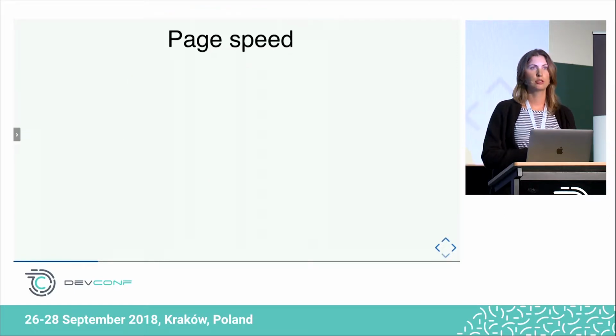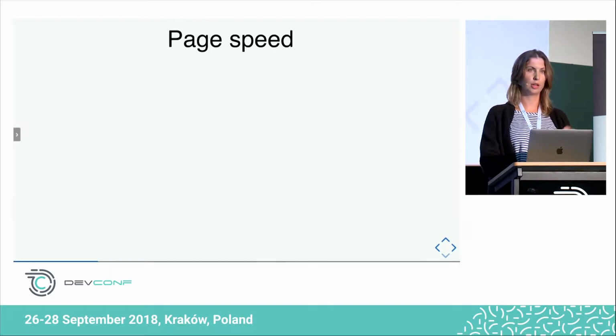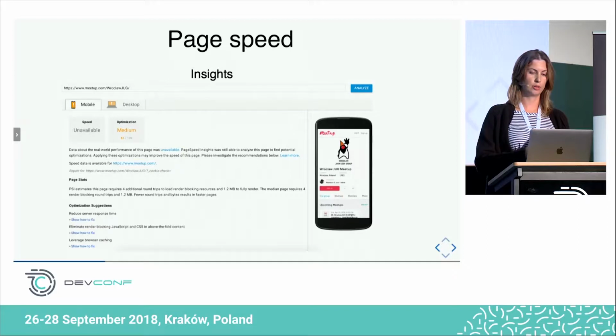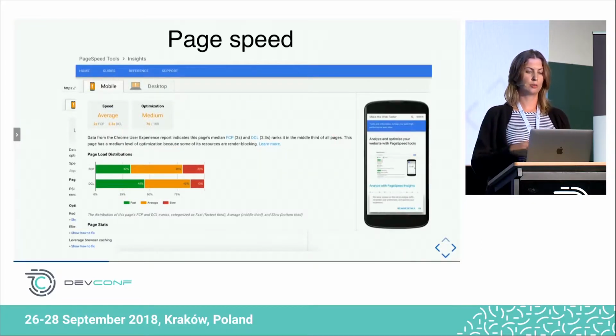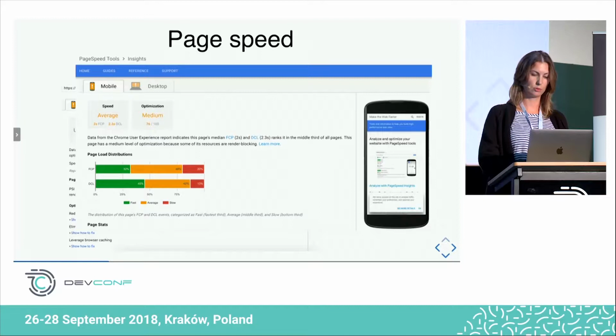The first tool that we use from time to time, and I recommend typing the address of your application there, is PageSpeed Insights. This is a Google tool, I believe, and it shows you what is bad about your performance, and gives you a score from 0 to 100. And the funny thing is that PageSpeed itself has only an average score in PageSpeed standards, so they can do better.